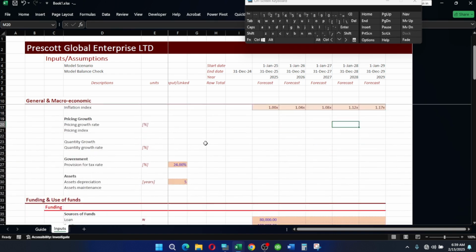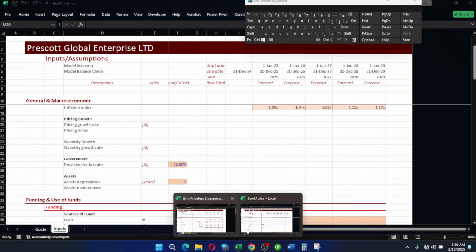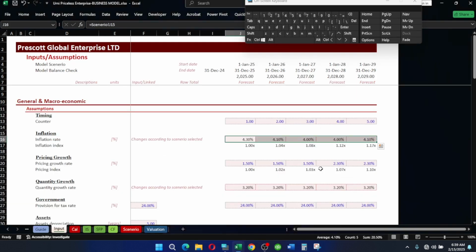Now the growth rate. What is your growth rate? The pricing growth rates.